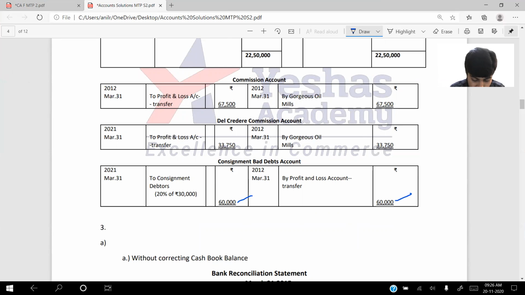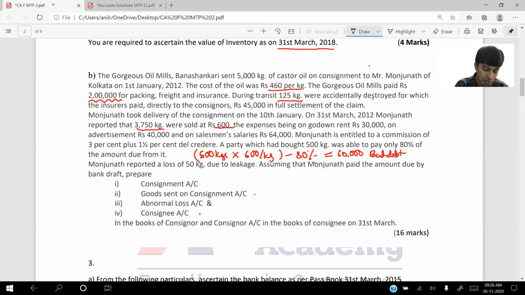P&L account it gets transferred. Consignment bad debt account debit to consignment debtors account. Debtors will not pay, so debtors will reduce, credit. Bad debts is an expense, debit. So bad debts to debtors account, and that is getting posted to his P&L account. Understood? This entry will be made only in the consignee's books, not in the consignor's books at all. Fine. So we're done with that also.